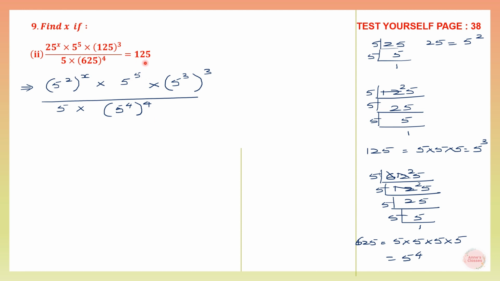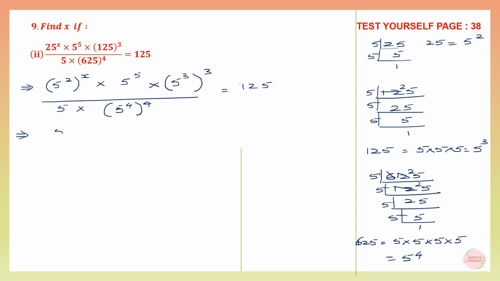And all this is equal to 125. So that we'll write it as it is now, 125. So now here we have 5 raised to the power of 2, which is raised to the power of x. We can multiply the powers using the law of exponents. So let's do that part.